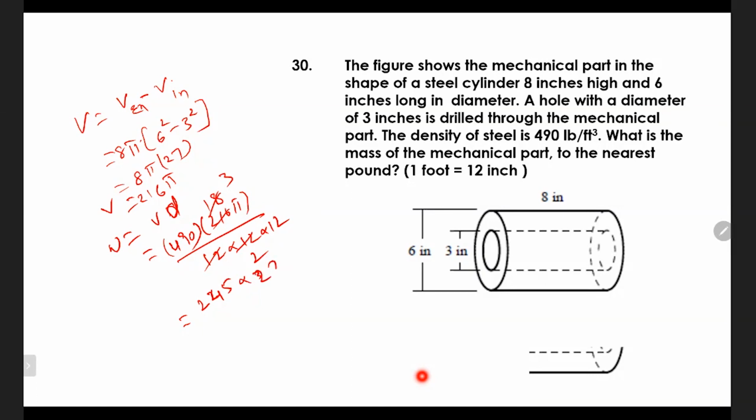So pi is 22 by 7 and 4. So 7 cancels 3 21 times and 35. 7 cancels, 7 3s are 21, 7 5s are 35. So 2 cancel, this is 22. So that is 35 into 11 by 2. So 11 5s are 55, 11 3s are 33 plus 5, 38 by 2. That is the final answer.